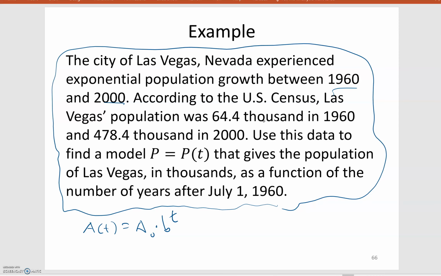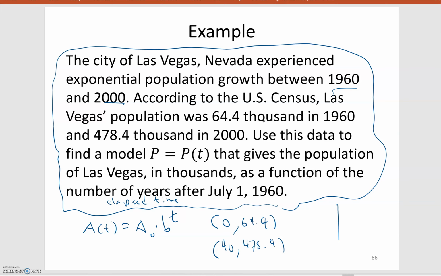Instead, I've given you 2 points. This is also an elapsed time model. Just pointing that out. Our 2 points are 0 and 64.4, and secondly, 40, because we are in the year 2000, which is 40 years after 1960, and 478.4.